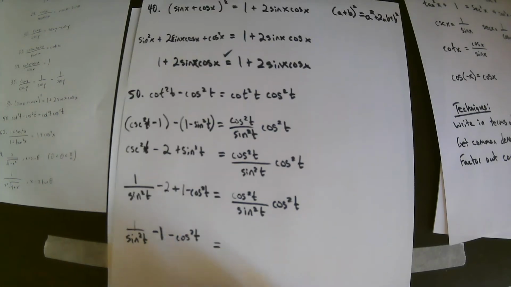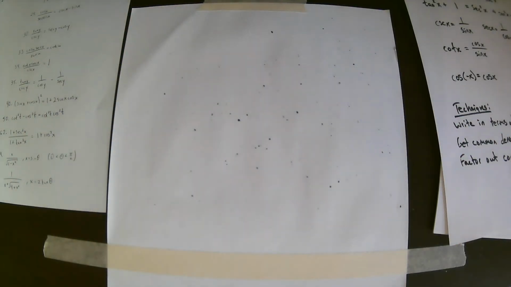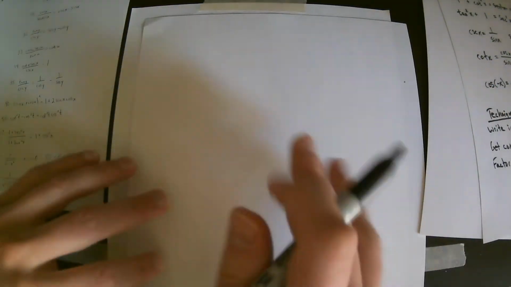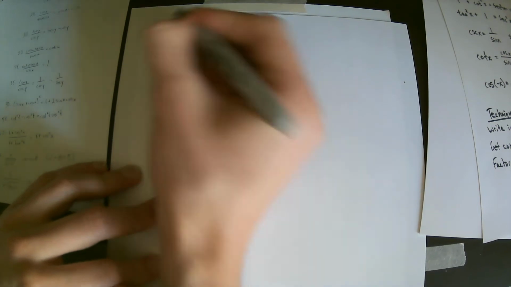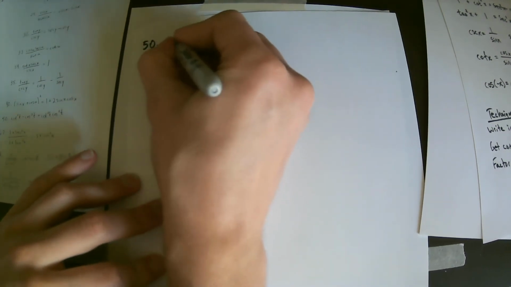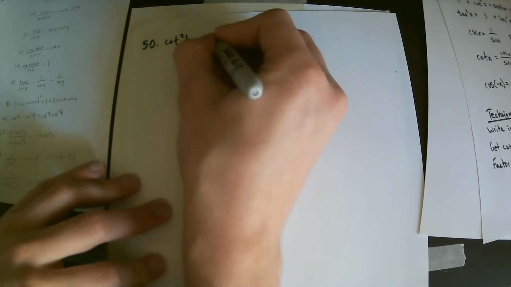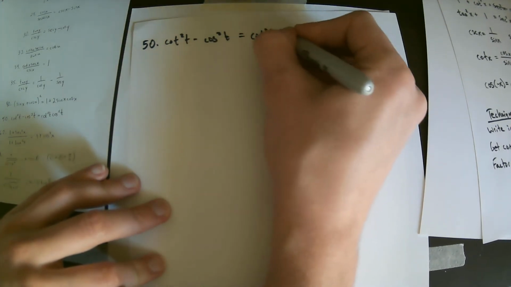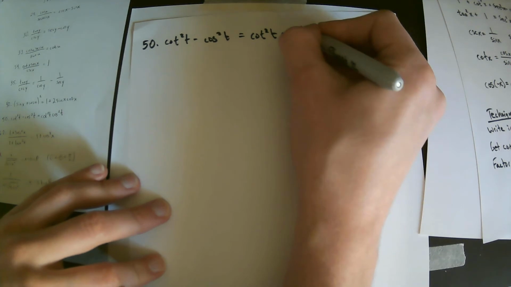Okay, I've decided that it's going to be best to start over with that one because I have a different idea and I think it's going to work better. Sometimes they're a little tricky and you gotta try them a couple times. Cotangent squared t minus cosine squared t equals cotangent squared t times cosine squared t.